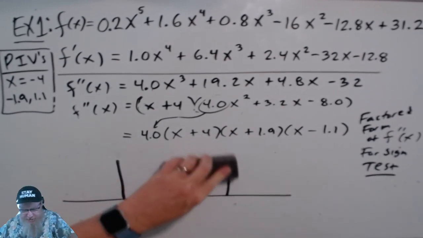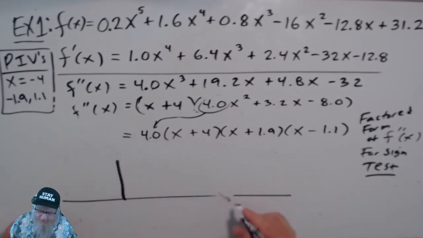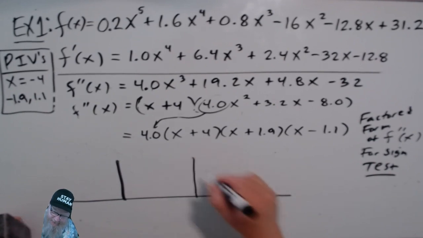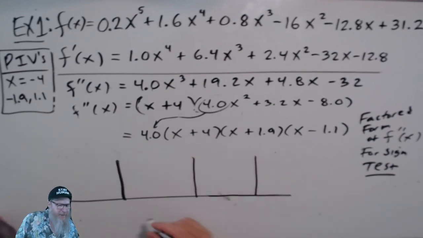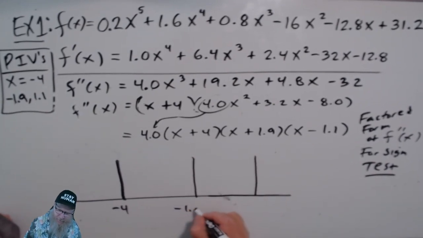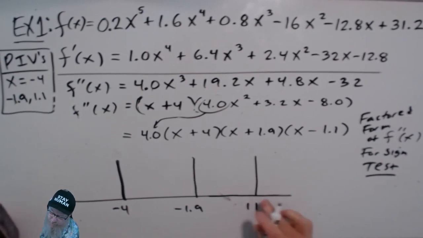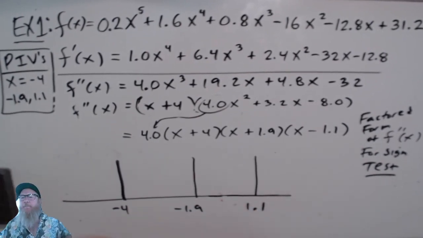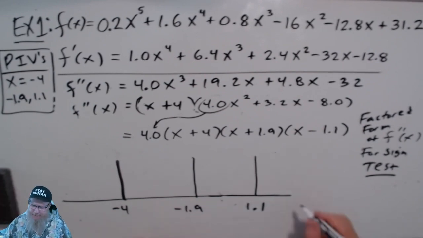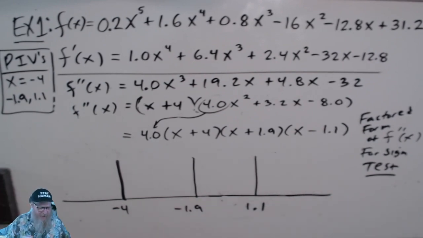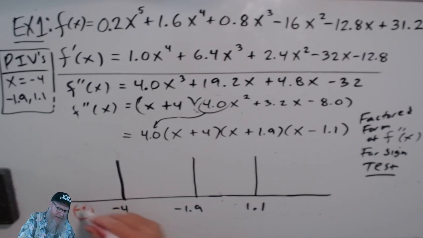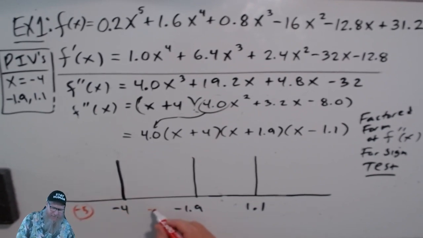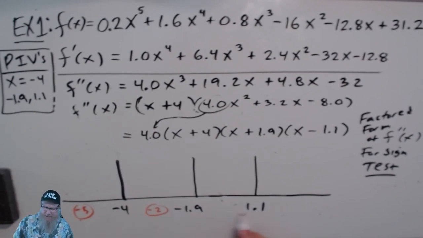So I've got 3 critical values, or 3 partitions. So I've got negative 4, negative 1.9, and 1.1. All right, so let's test a number over here. Say negative 5, something in here, negative 2, or negative 3 would work as well. Something in here, how about 0?